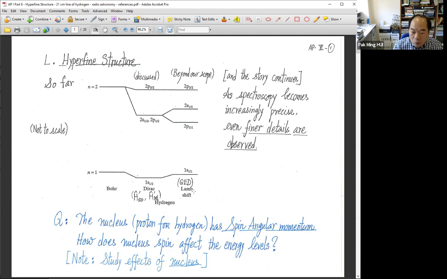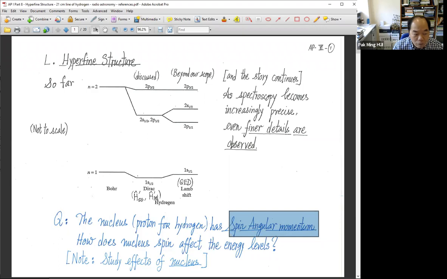Now, we have a question in hand. The nucleus, that is the proton for hydrogen, is a spin-half particle. Therefore, it has charge plus e. It will have a spin angular momentum, and it will have a spin magnetic dipole moment.